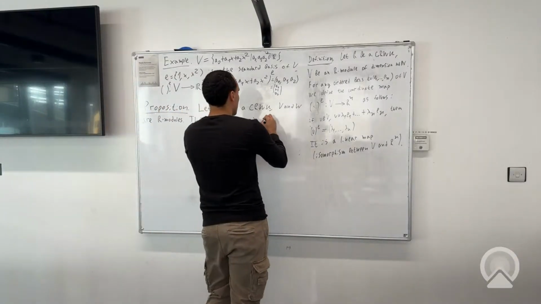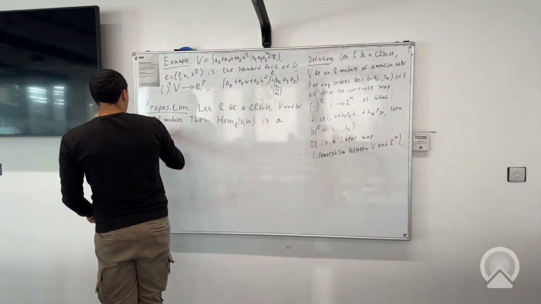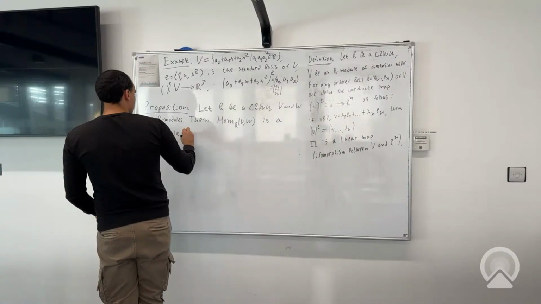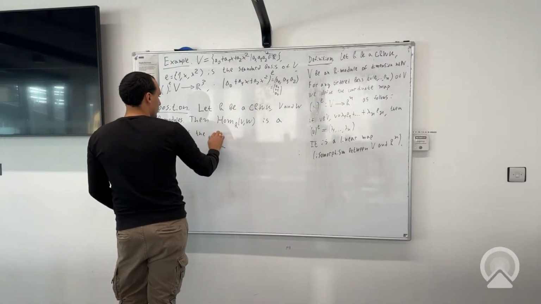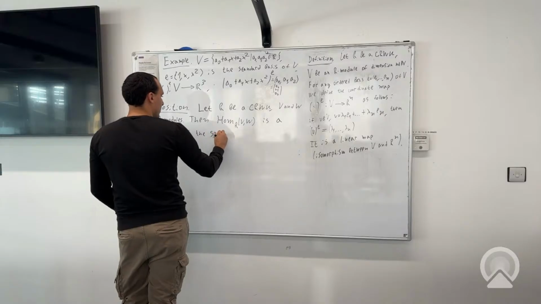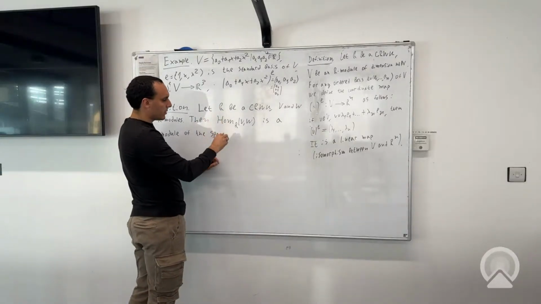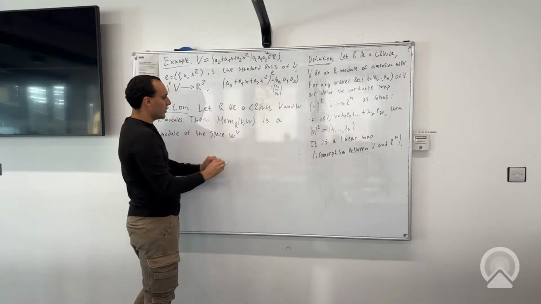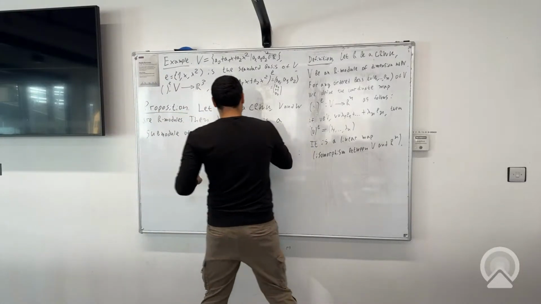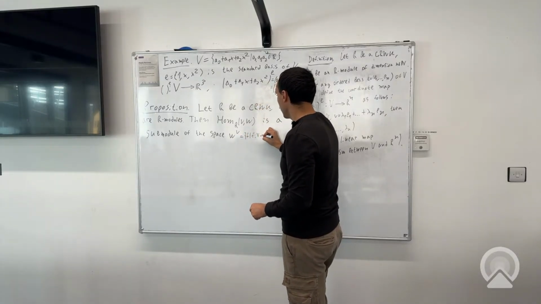So it is a submodule of the space of all maps. Last time I defined the space W to the power of V. So this is the space of all maps f, where f is from V to W.